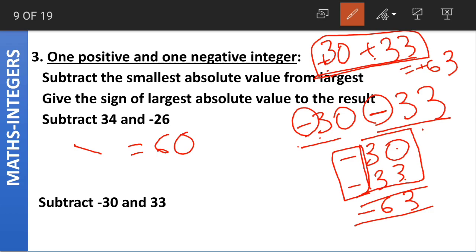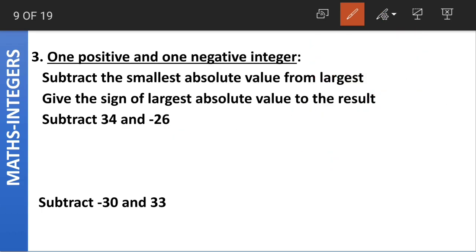Minus 30 minus 33, both the integers have the same signs, so we add both their absolute values, and the sign which is carried by both the integers is placed for the result as well. So minus 30 minus 33 is equal to minus 63. The answer is minus 63.